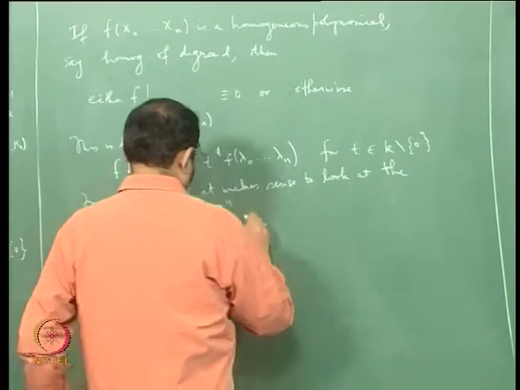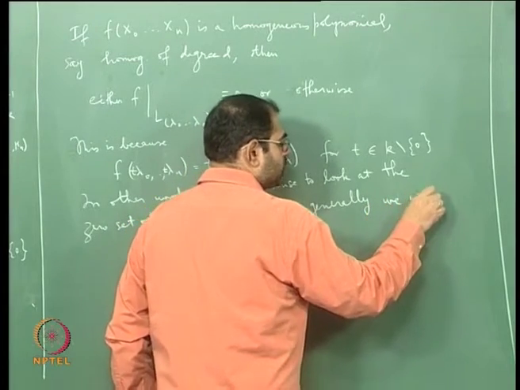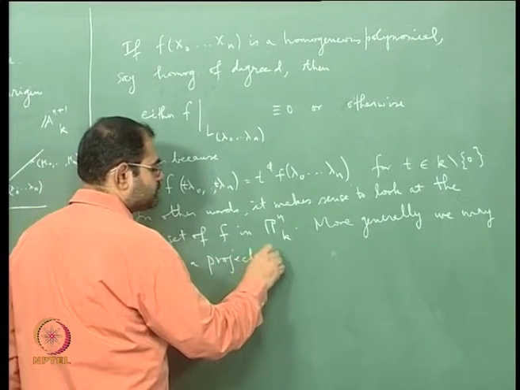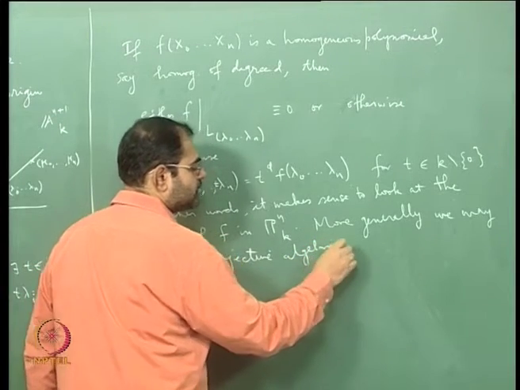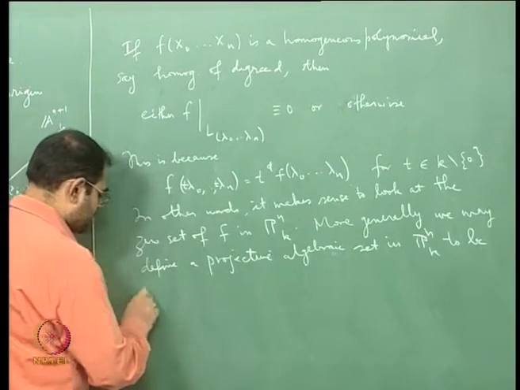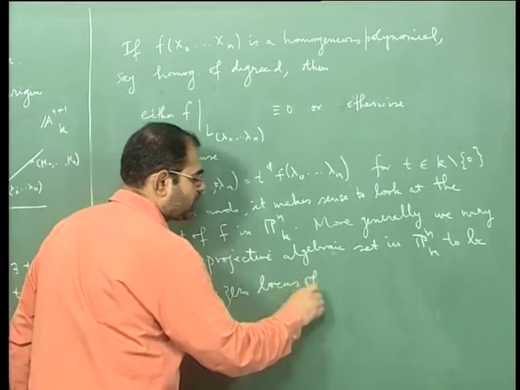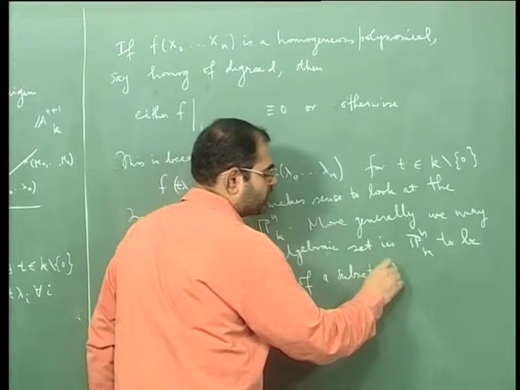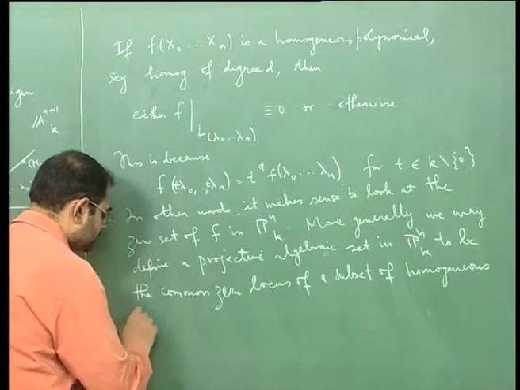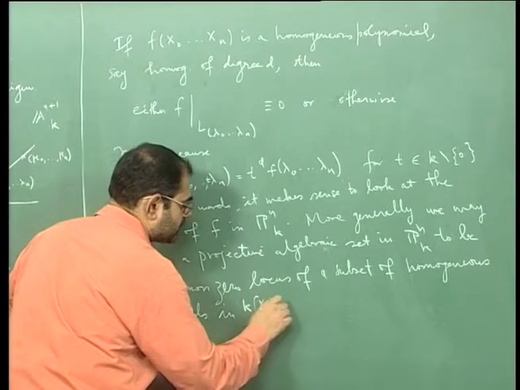So more generally, we may define a projective algebraic set in P^n to be the common zero locus of a subset of homogeneous polynomials in K[x_0, ..., x_n], okay.